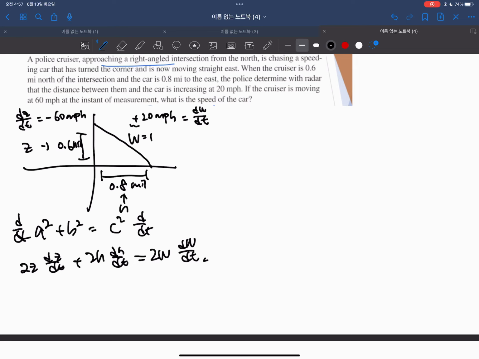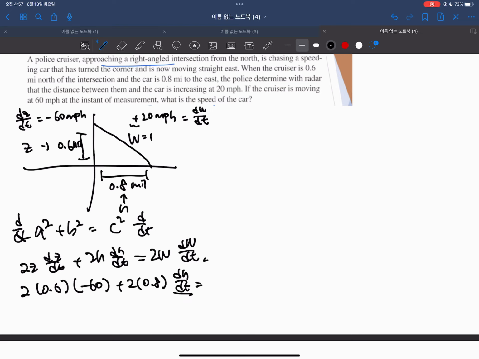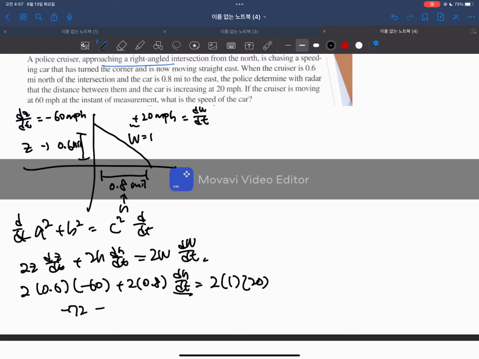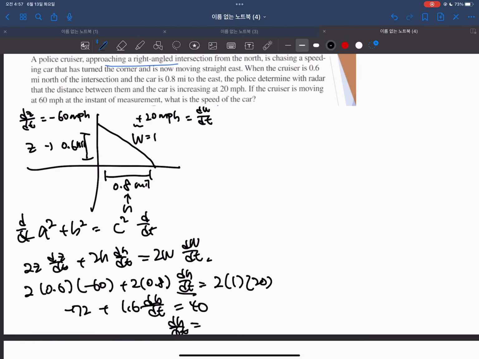When we plug in the numbers, we get 2 times 0.6 times negative 60 plus 2 times 0.8 times dh over dt, which we have to find, equals 2 times 1 times 20. When we simplify this, we get negative 72 plus 1.6 dh over dt is equal to 40. When we simplify further, we get dh over dt is equal to 70 miles per hour.